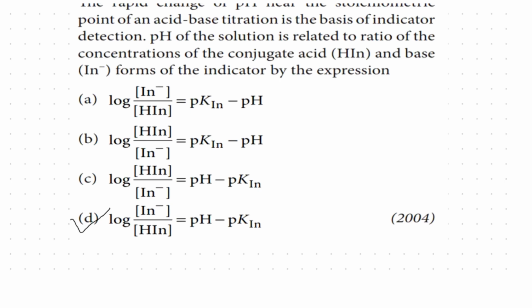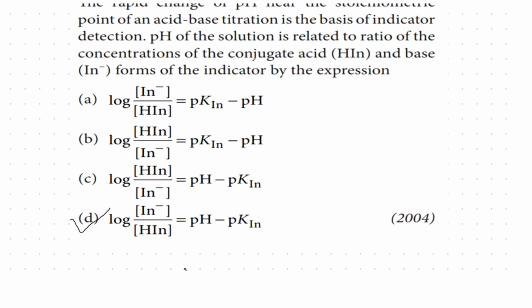So we write it in the usual way. pH is equal to, here instead of acid or base, you just write indicator, pK indicator plus log concentration of the salt by concentration of the original indicator in the acidic form.